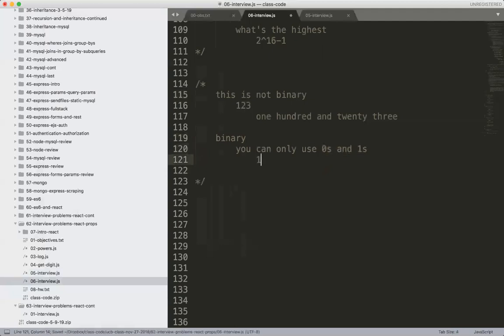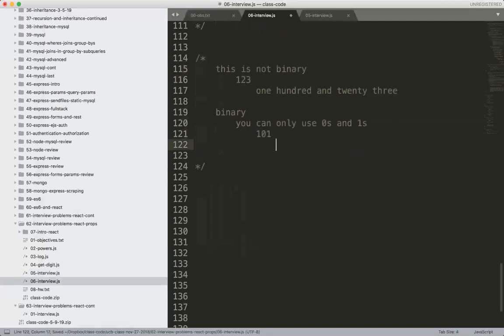But over here, if I have 1, 0, 1, right, this actually isn't 101. What this is, let's see, this is 2 to the 2 plus 2 to the 3.